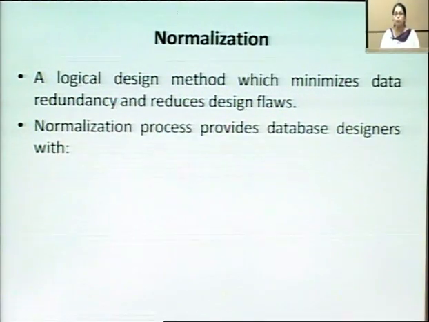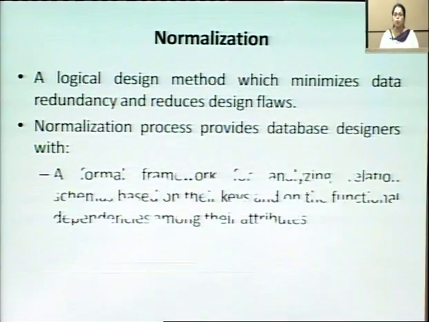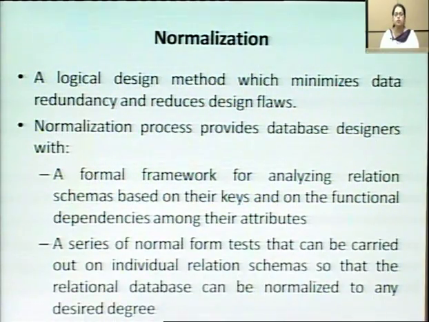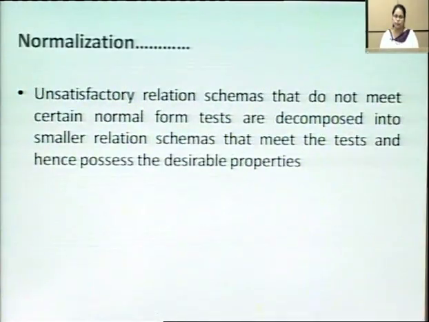The normalization process provides database designers with a formal framework for analyzing relation schemas based on their keys and on the functional dependencies among their attributes, and a series of normal form tests that can be carried out on individual relation schemas so that the relational database can be normalized to any desired degree.